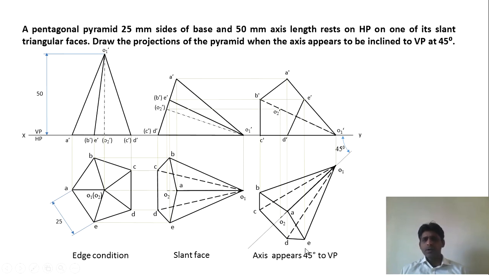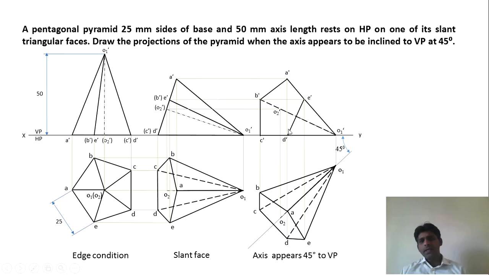Also, one more way of identifying would be to spot the nearest point. In this case, E is the nearest point. When you see from here, E is the nearest point. So whatever is going to start from point E dash here is going to be visible to us. What is going to start from point E? ED, EA and EO1.